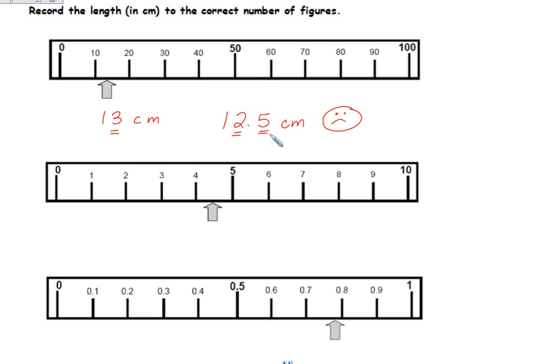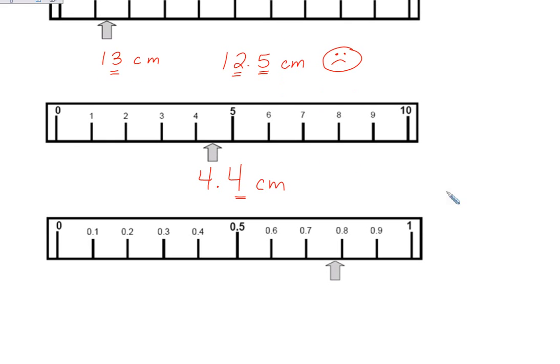The second one, I know it's between 4 and 5. Maybe I say 4.4. One estimate, that's the best I get. And the last one. Oh Lord, let's say we got somewhere between 0.7 and 0.8.